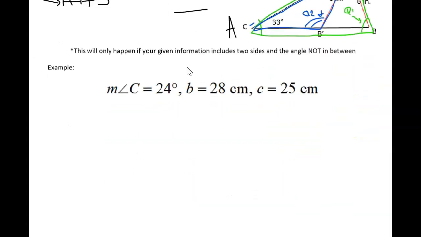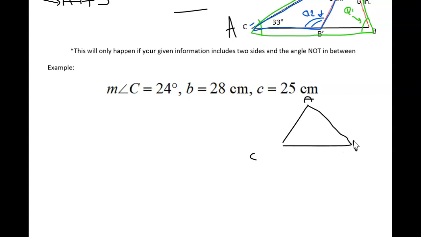How do we know if we've been given one angle and the 2 sides that are not sandwiching that angle? Draw yourself a quick picture. Pretend that attached. A, B, C. Let's just fix that triangle.